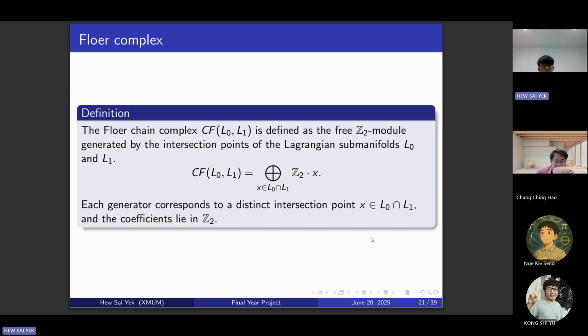So now we can define the Floer complex. The Floer complex is defined as a Z/2-module generated by the intersection points of the Lagrangian submanifolds, and we give it the degree, which is the Maslov degree of the intersection point.